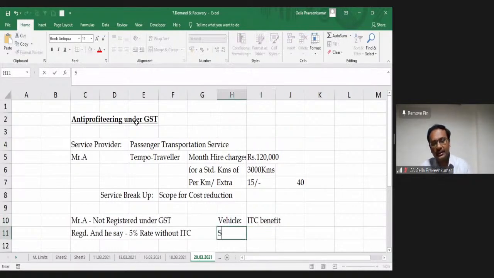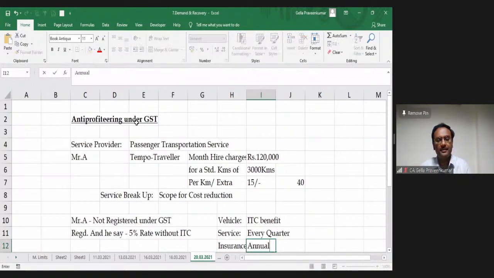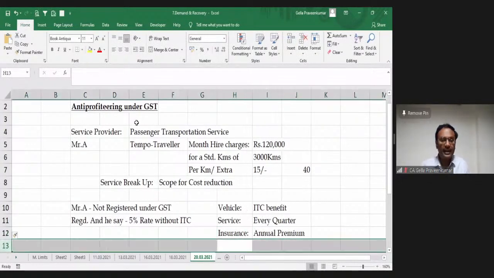When you get the service activity once in a quarter, as per the norms, every quarter there is a service which is required. Insurance. Now, I have insurance where I pay an annual premium. These are all the benefits that you could have enjoyed as input tax credit.